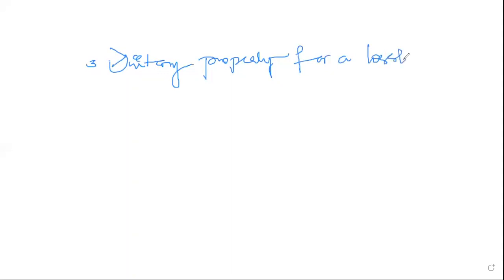The third property is called the unitary property for a lossless junction. Since it's already mentioned, it's a lossless junction.